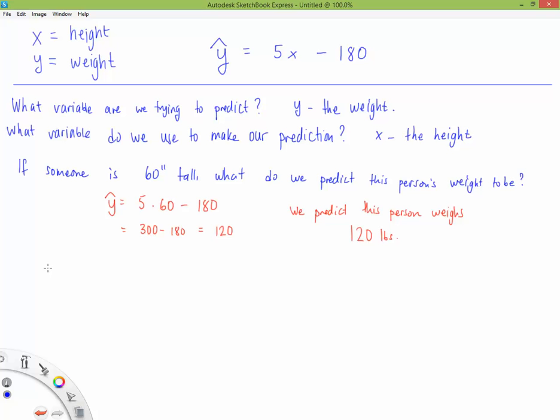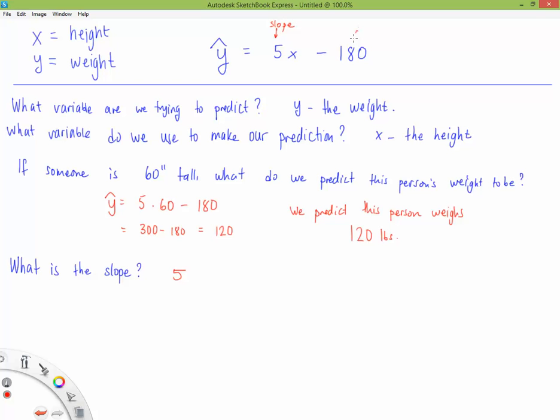Now, what is the slope? The slope is 5, because the number in front of the x is the slope.